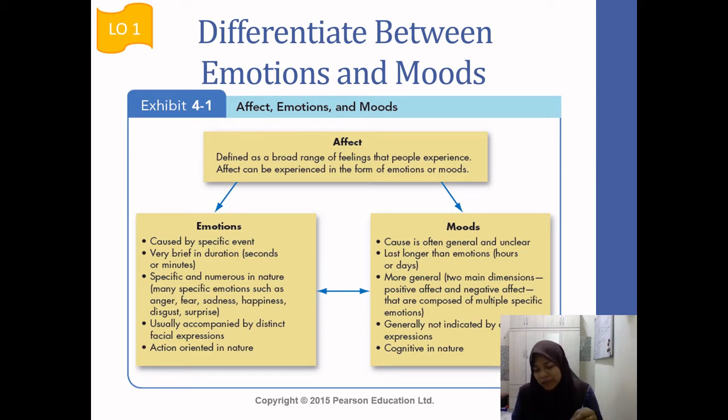But mood is more general, and it only has two main dimensions, which are positive and negative, and it has multiple specific emotions. Macam saya cakap tadi lah, sometimes moody sebab rasa macam sedih tapi marah tapi tak tahu apa yang kita rasa sebenarnya. So that is mood, okay?